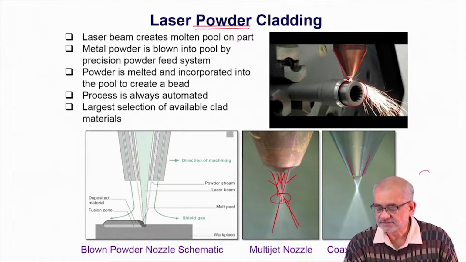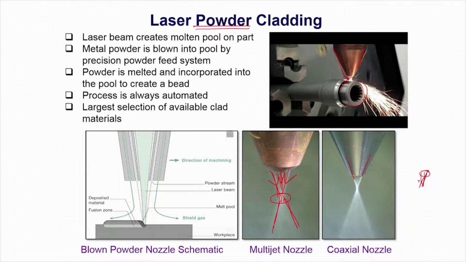That means this is the opening for the laser to pass, to irradiate, and we can have a concentric hole which is just surrounding the laser beam, and through this we can feed the powder. So by the time the beam hits the substrate here, the powder also will be molten in contact with the laser beam and create a clad on top of this.